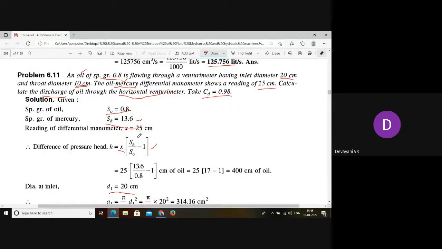So substitute the values SH as 13.6 and SO as 0.8, and the X value is given as 25 centimeters, isn't it? So substituting those values, we get the H value as 400 centimeters of oil. Why? Because the flowing liquid is oil only. So we have calculated in terms of the oil. So H value is 400 centimeters of oil.